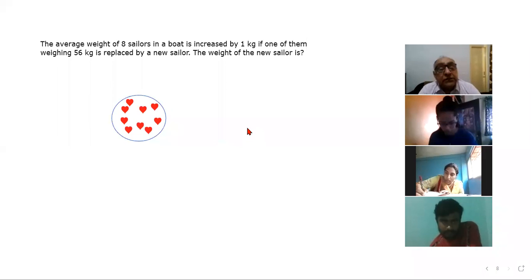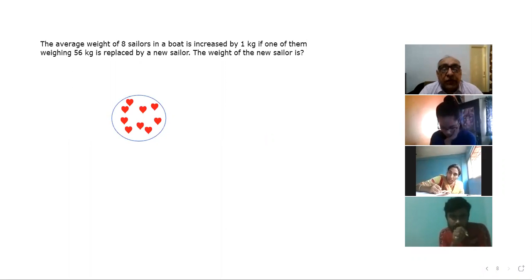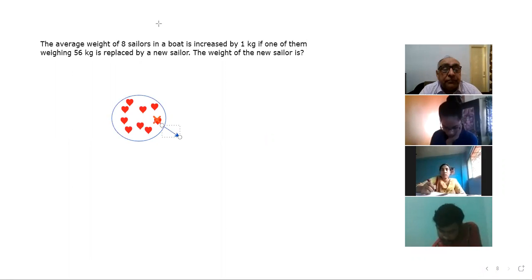And from this boat, one sailor has been taken away. The weight of this sailor was 56 kg, right? Clear up to this point?